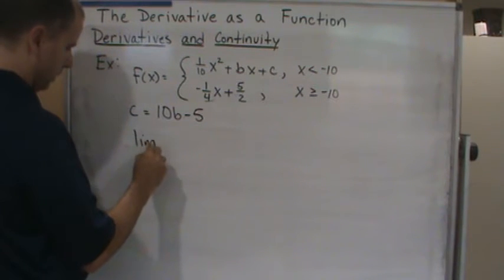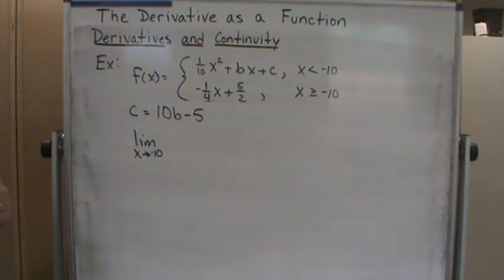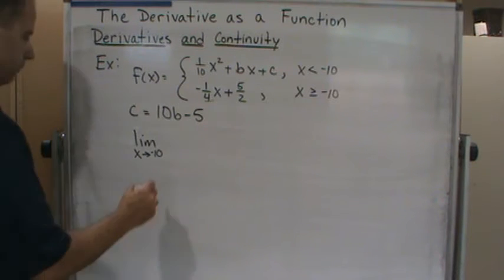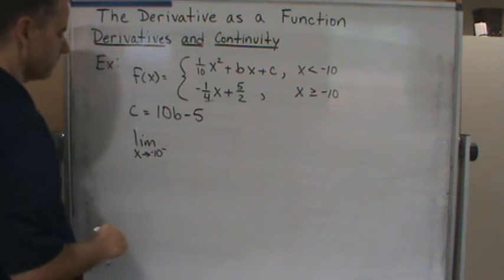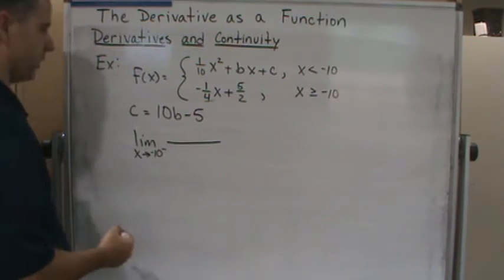The limit as x approaches negative 10 from the left. So we're going to show that this limit exists.